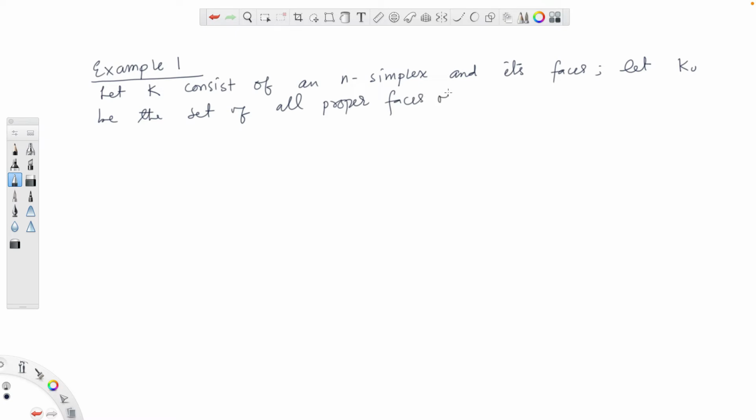Which means that K0 is an n minus 1 dimensional complex, right? Since K is the n simplex together with all its proper faces, K0 is taken to be the union of all its proper faces.